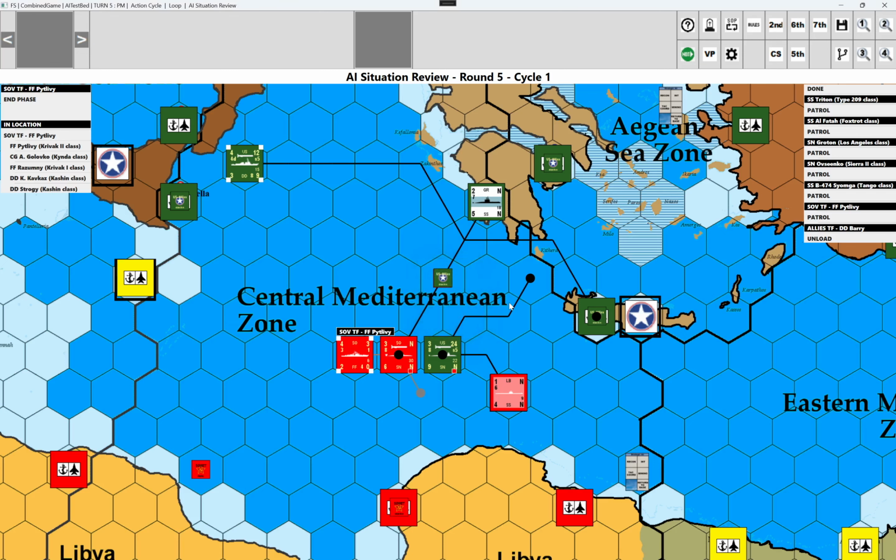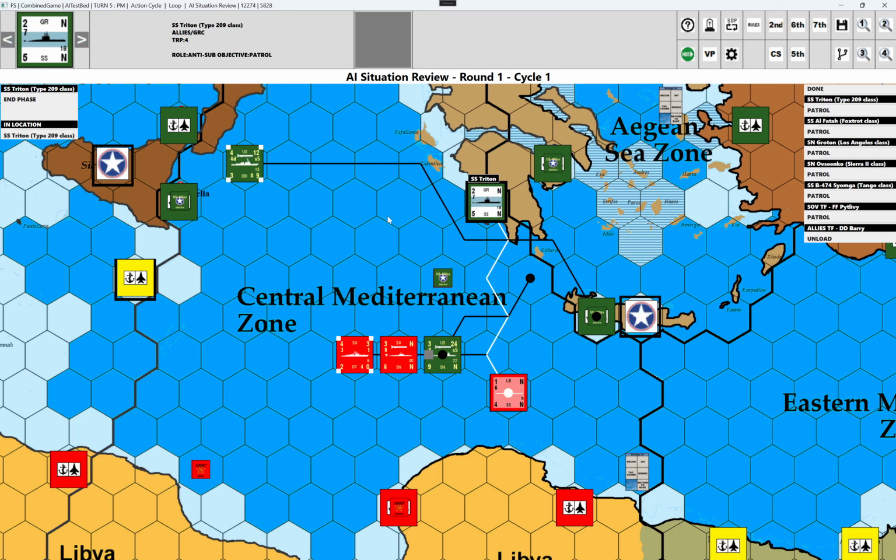Everyone resets all their attacks and stuff. So now, the only guy that is still detected... this guy must have lost his detection.